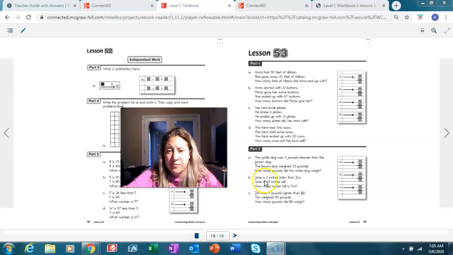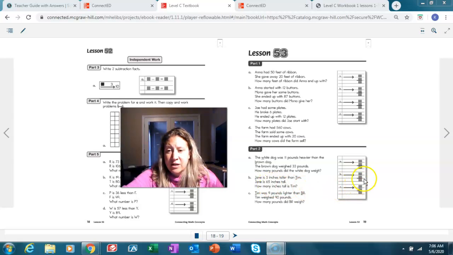Reread without the 5. Jane is taller than Tim. So is J the big number or the small number? J is going to be the big number, and T is going to be the small number. Now let's read the sentence that tells about one of those two. And it says Jane is 65 inches tall. So we're going to replace the J with 65.